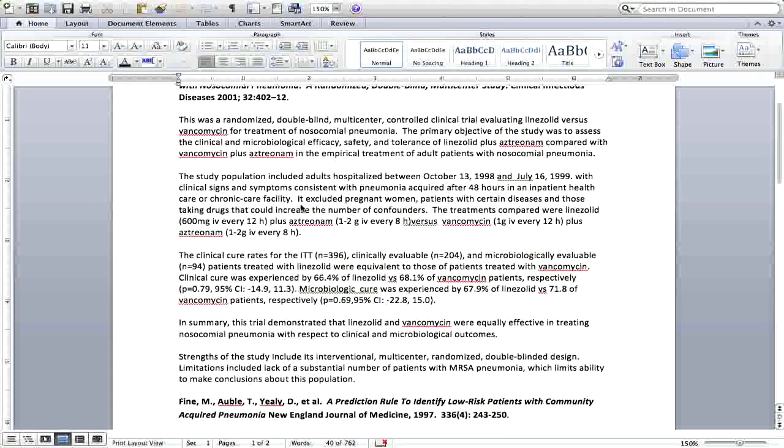And then in a paragraph or two, you're summarizing the study with respect to the design of the study objectives, the study population, the results of the study, and summarizing the study, and then a critique of the study, which includes strengths and limitations of the study, in terms of what did they answer with the study and what could have been improved.